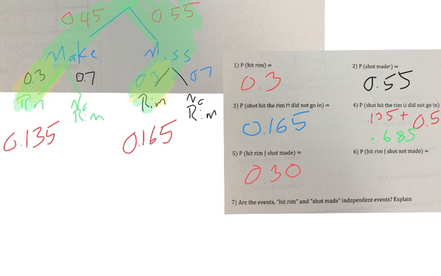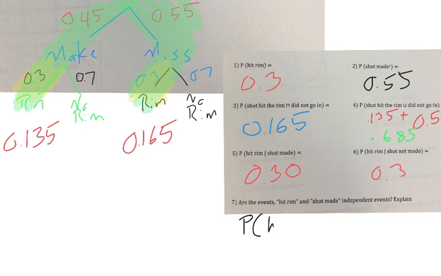6. What's the probability it hit the rim given they did not make the shot? It's 30% again. So are hit rim and shot made independent? Yes, they are.